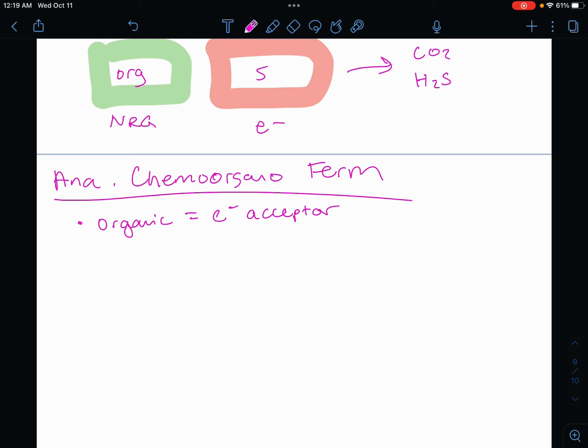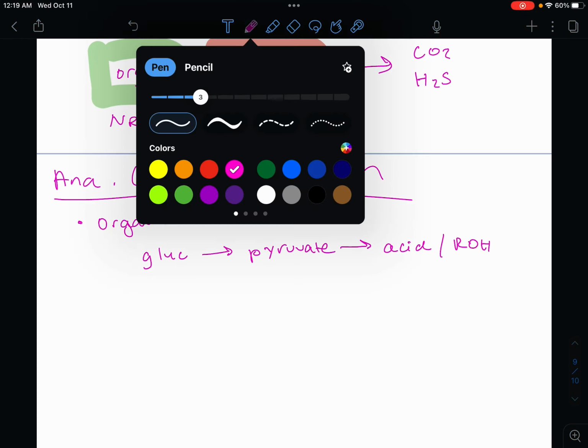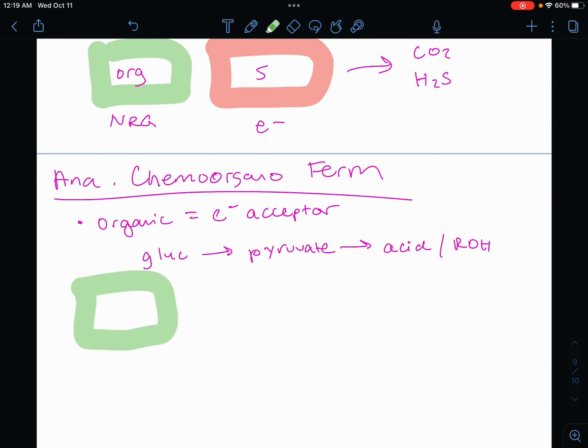So basically what will happen in general, we'll have glucose, and then that will become pyruvate. Remember, 2 pyruvate because they have 3 carbons each. And then this will become like an acid or an alcohol, something of that type. If we pull out our little cheat sheet, we're going to have the, again, energy, and then our electron acceptor, and then products.